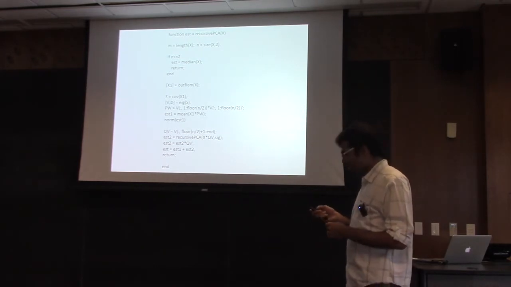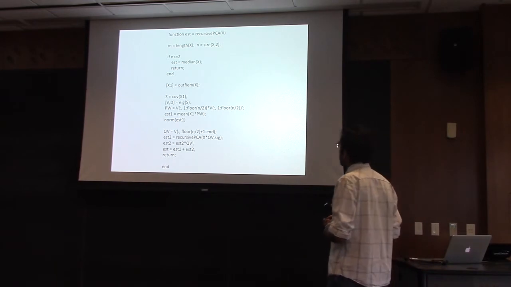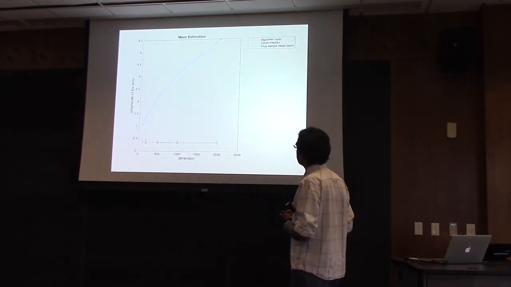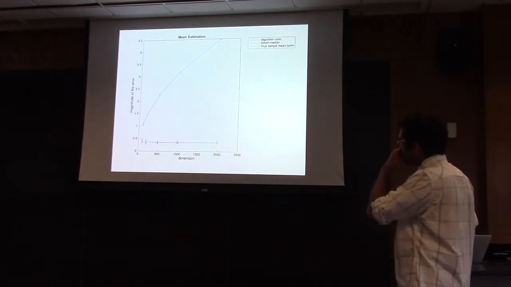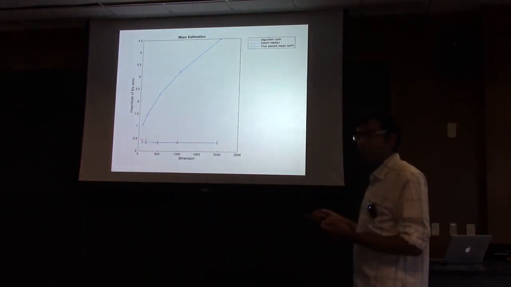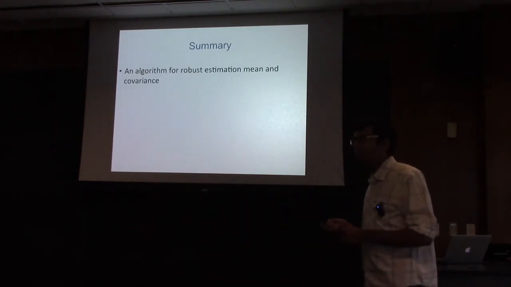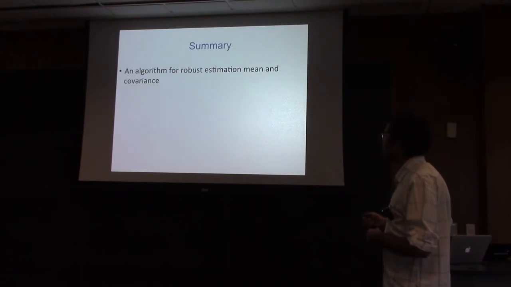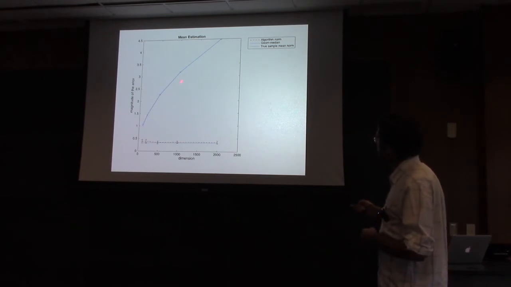And you might wonder how it does in practice. So here is a plot for an example. It's for mean estimation, all the way up to dimension 2000. It takes a few seconds. And this is the geometric median.